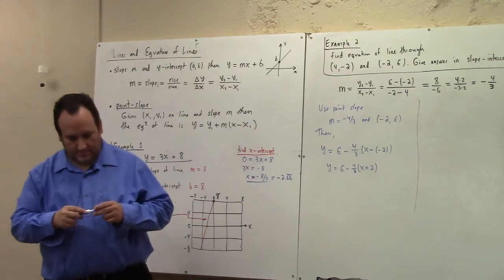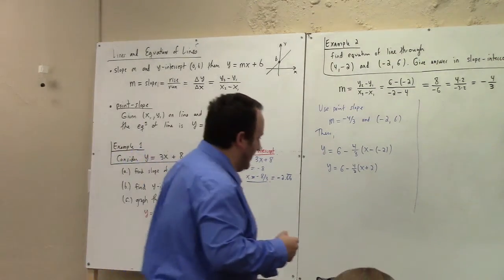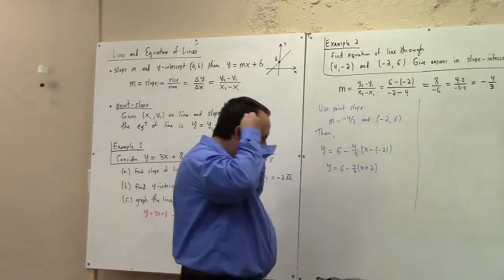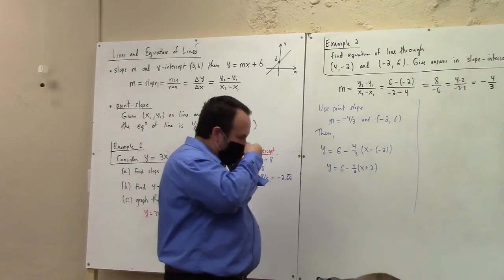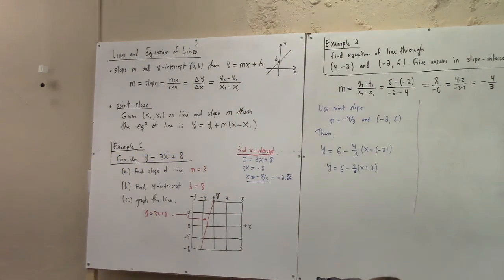Now, since I'm asked to give my answer in slope-intercept form, I'm not done, right? I need to write it in y equals mx plus b format. What do I need to do? Did I hear? Yeah, multiply, distribute, right? Yep.